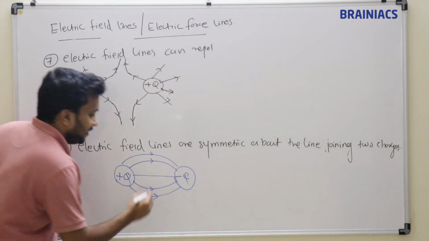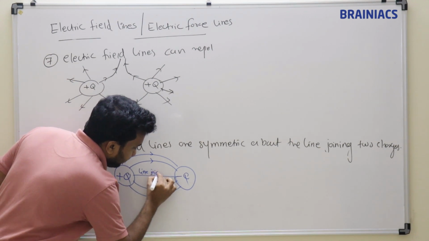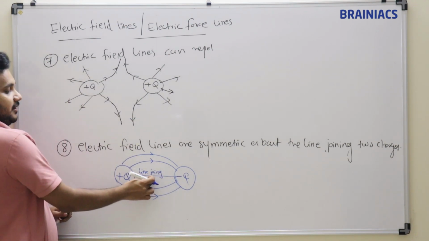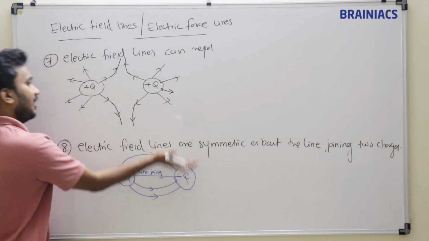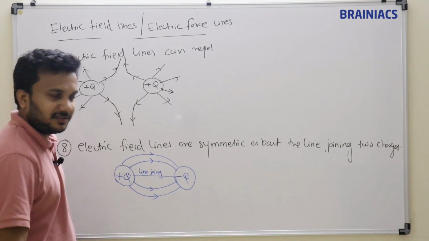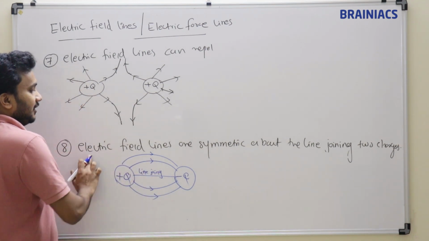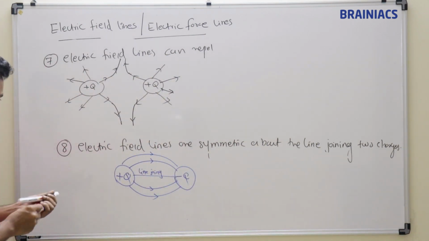For your understanding, I am writing this is the line joining. With respect to the line joining, this is symmetrical, which means if you cut here, the top half and the bottom half are exactly the same. That is called electric field lines being symmetrical about the line joining.